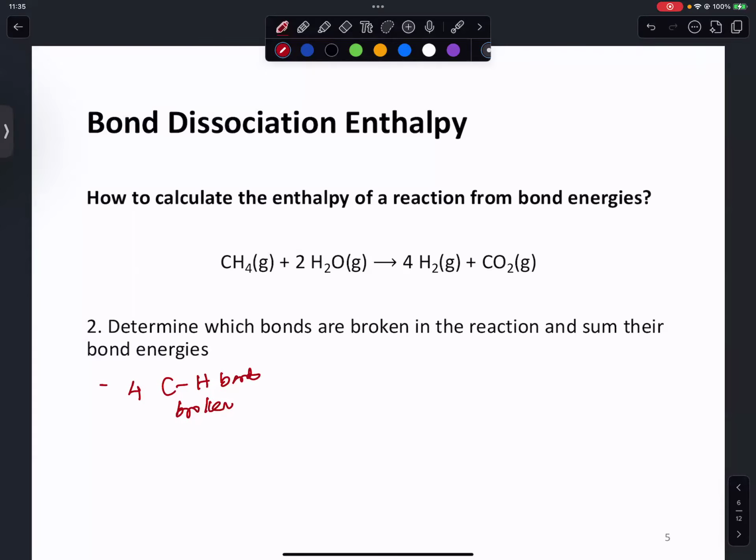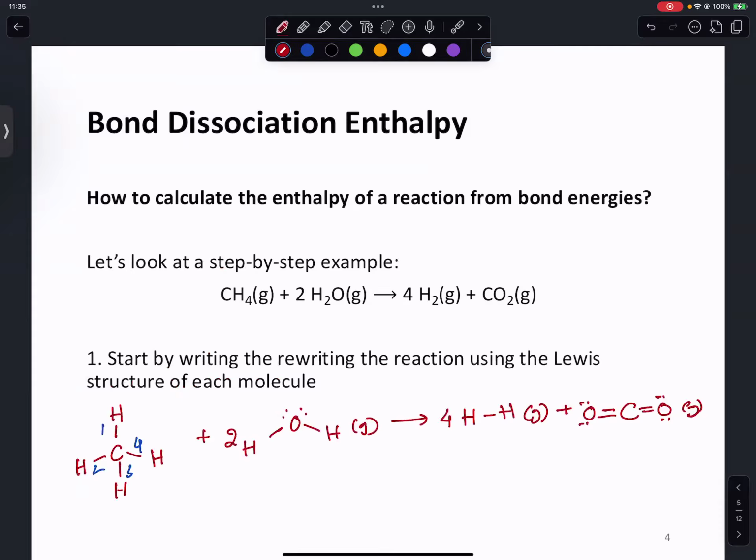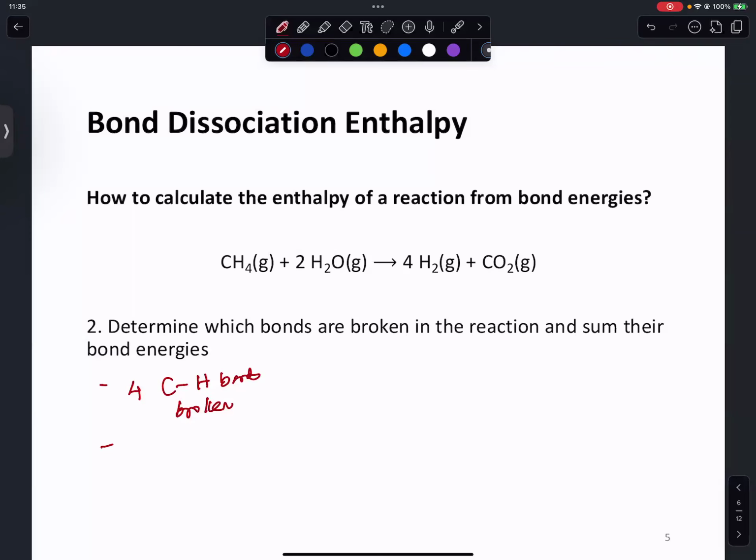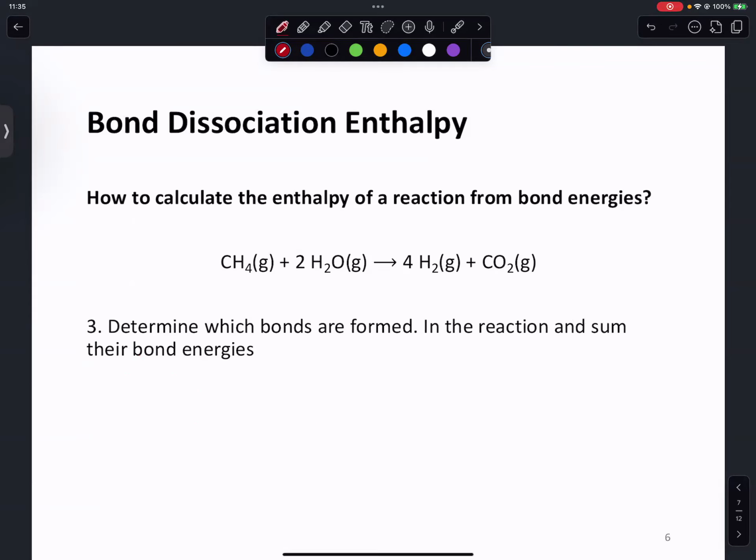And then I have 1, 2, but I have 2 moles of water, so 2 times 2, which is 4 OH bonds broken. Now, on the next slide, we're going to determine which bonds are going to be formed.